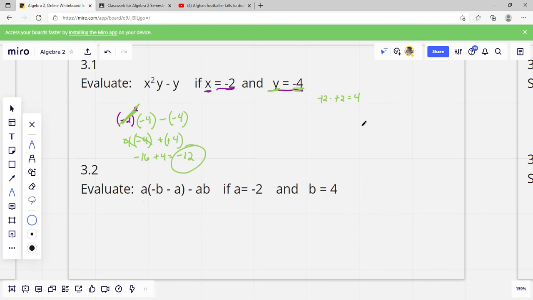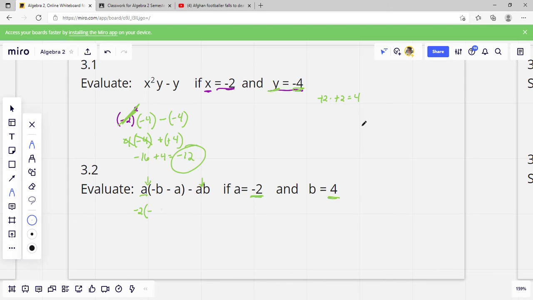This one we have to evaluate, and A is -2, and B is +4. Okay, so first we're going to have this A, and places where we're going to multiply. Right here we'll be multiplying, because they're touching with no sign in between, and right here we're going to be multiplying. Okay, A would be -2, then we'll put our parentheses.